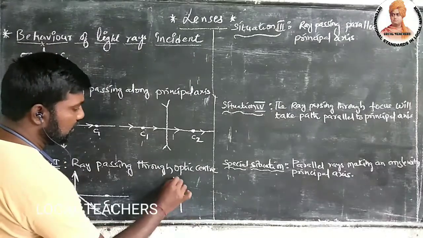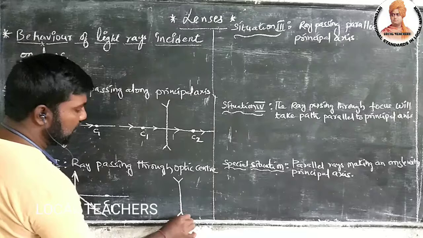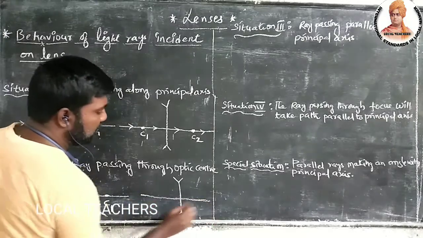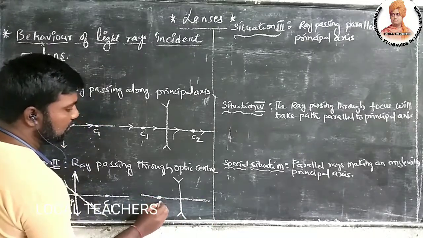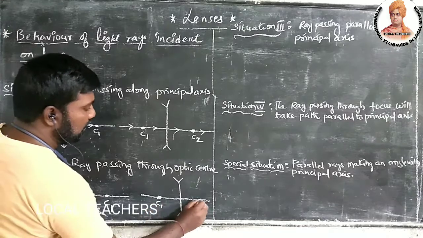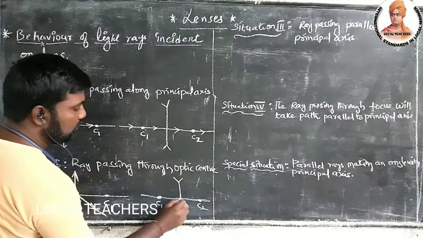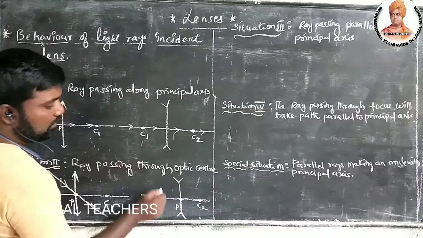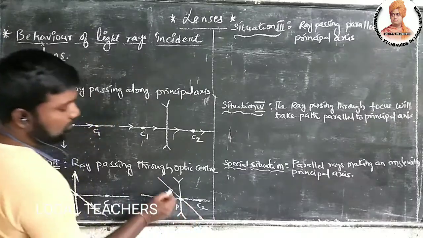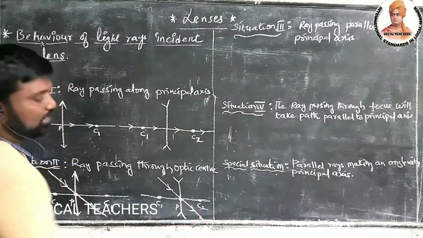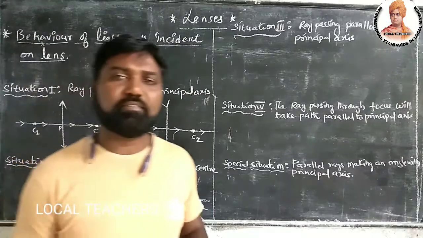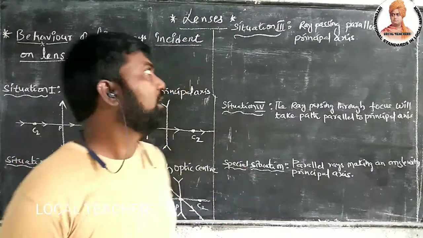Similarly, consider a concave lens. This represents the principal axis, this is C1 and this is C2, and this is the optic center. The ray which passes through this optic center is an undeviated ray.